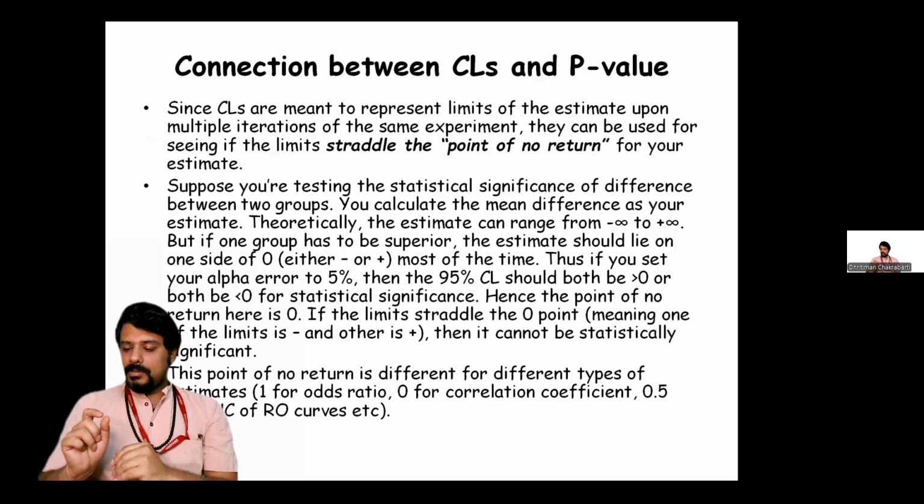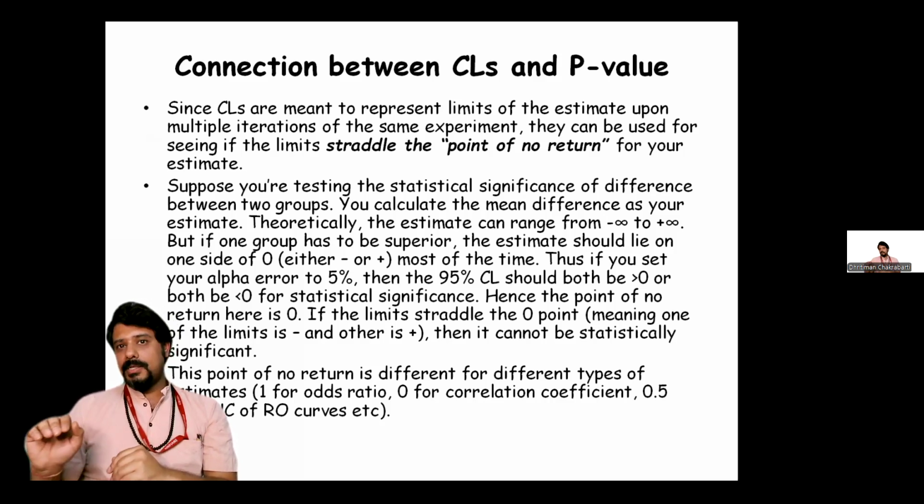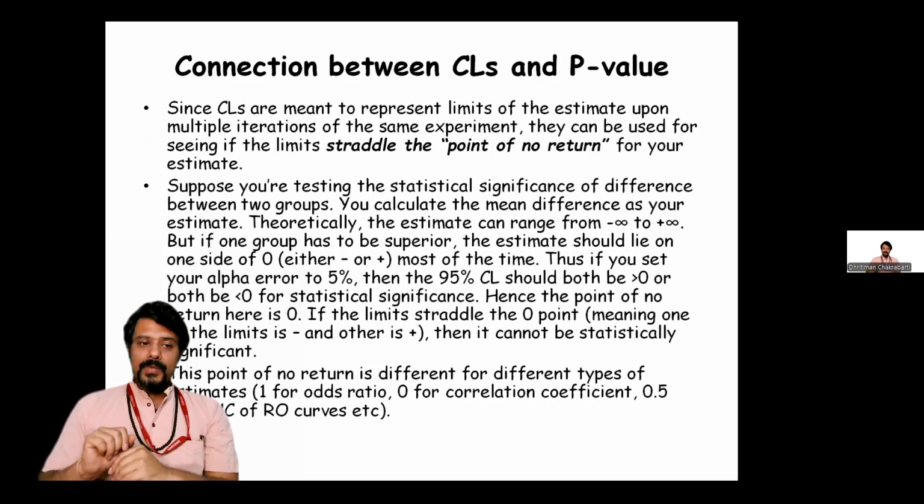If both of the confidence limits for a positive correlation remained positive, that basically tells you that there's a less than 5% chance that if you repeated the experiment an infinite number of times, your correlation coefficient will come negative. Okay, and that is a level of alpha error that you are okay with. So this is for correlation coefficient.